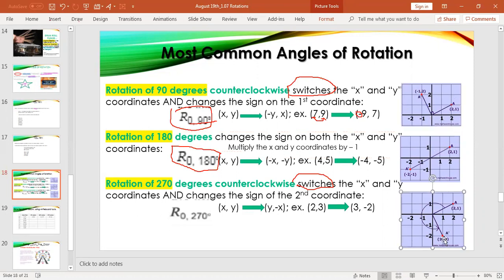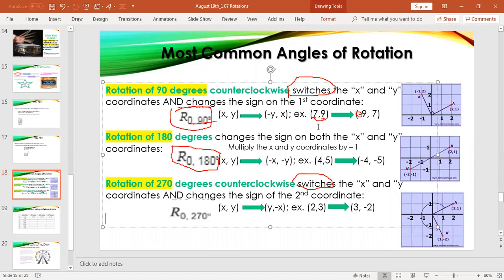And then lastly, your 270. It switches just like the 90, but the 90 changes the sign on the first coordinate because it comes first, before 270. 270 switches 2 and 3, so it becomes 3, 2, but it changes the sign on the last coordinate. So 2 becomes negative because after switching, it's the last coordinate.